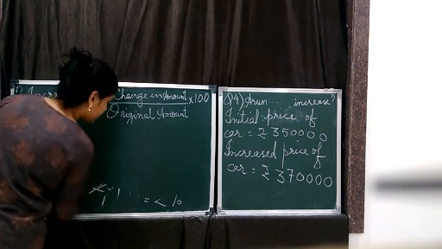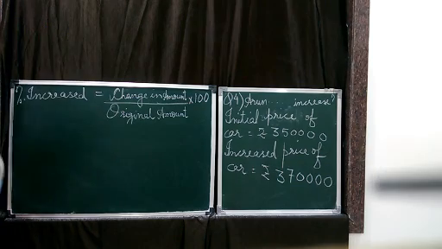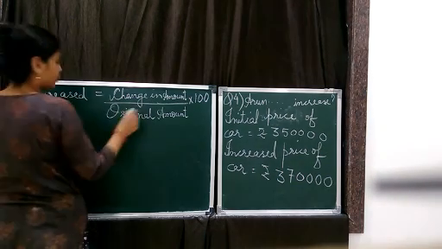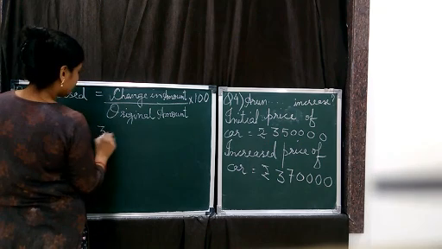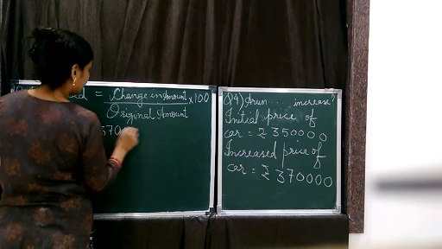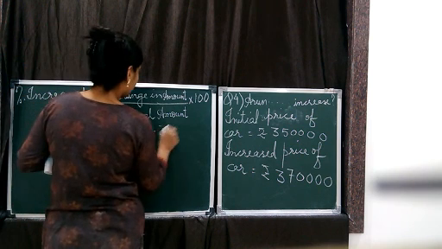So change in amount. This I have to erase, children. Change in amount upon original amount. So what is the change in amount? Change in amount is 3,70,000 minus 3,50,000.